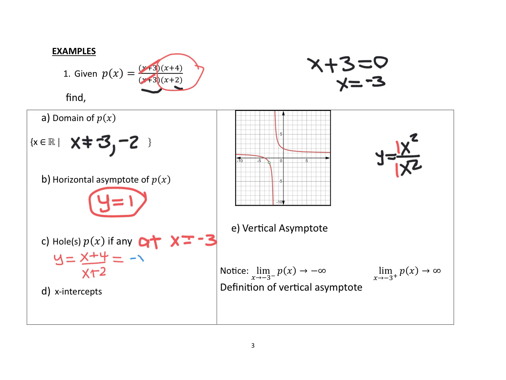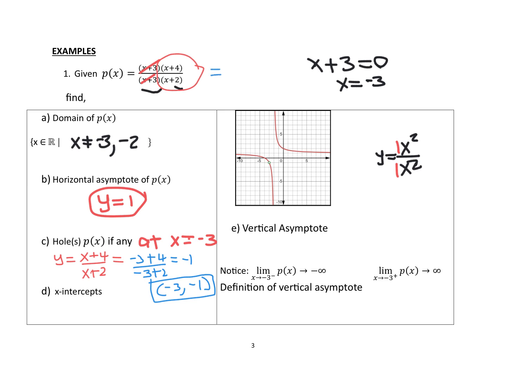So -3 plus 4, and then I have -3 plus 2, and that's going to give me 1 divided by -1. So I know the hole is at -3 and -1. So those are the coordinates of the hole.